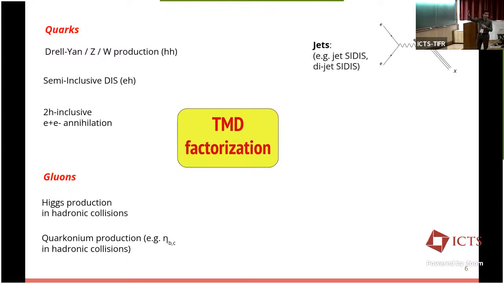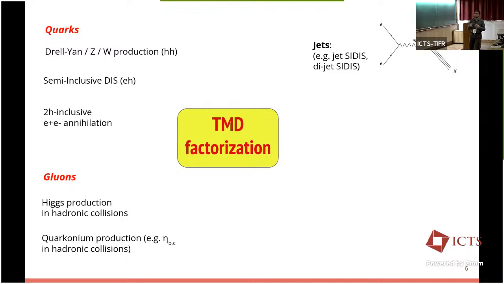Then there are also other processes which are, let's say, less mainstream, but they are becoming more and more interesting, especially for the theory community, but also for the experimental community, and they involve jets. Jets have been studied since ages in the field of collinear physics, so it's not that we are inventing jet physics.